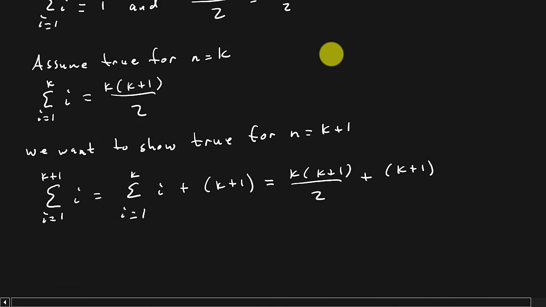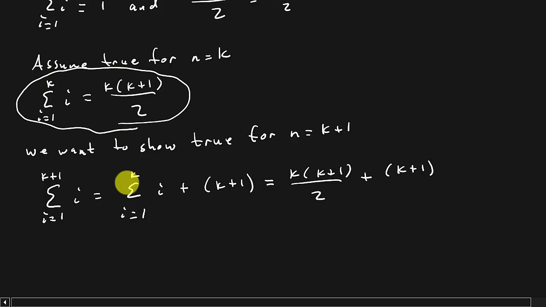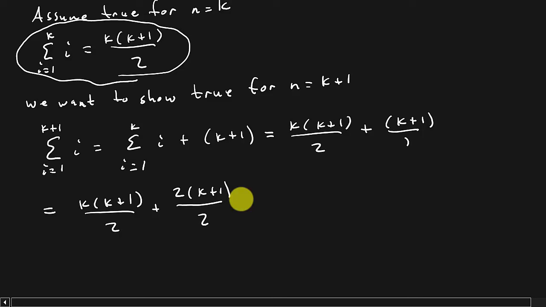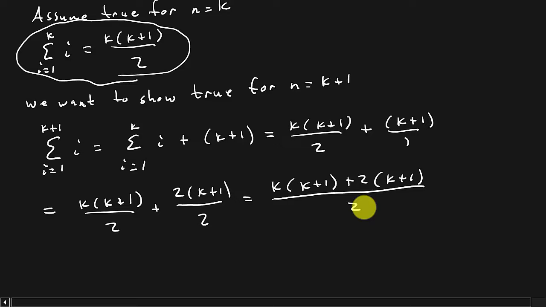That comes from right here. We assume that's true, so I'm replacing this with k times k plus 1 over 2. Now we get a common denominator of 2, and this is going to be k times k plus 1 plus 2 times k plus 1 over 2.